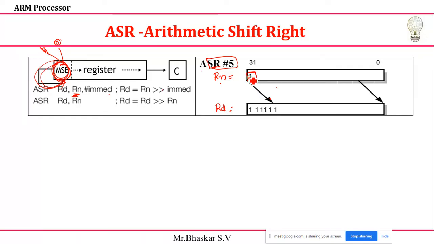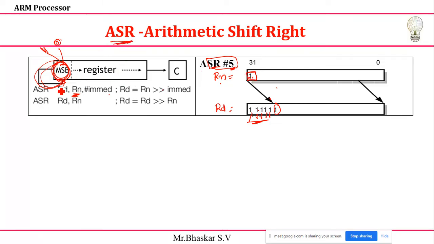If this MSB value is 1, according to this I need to fill only ones. How many? They mentioned it's 5, so 5 values I need to fill. You can see, this is the first bit, it will come to here. Next, 1, 2, 3, 4, 5. 5 bits you need to fill depending upon your MSB. Same process, shifting right side, but it totally depends upon your MSB. That is arithmetic shift right.